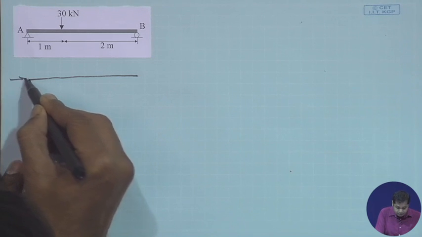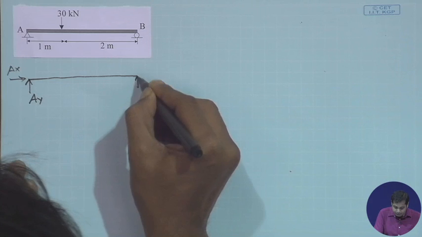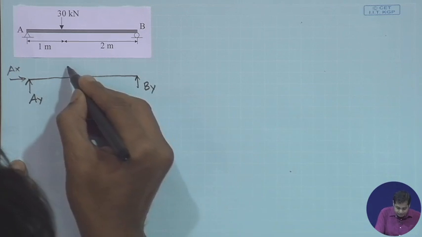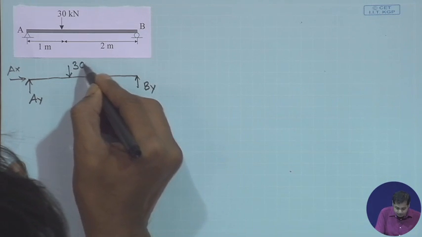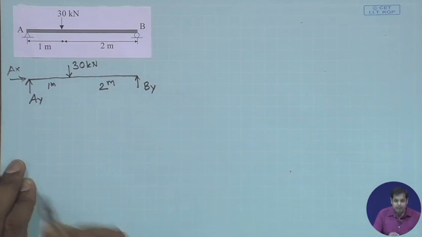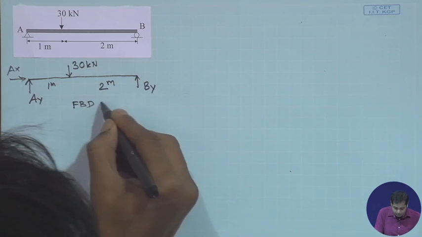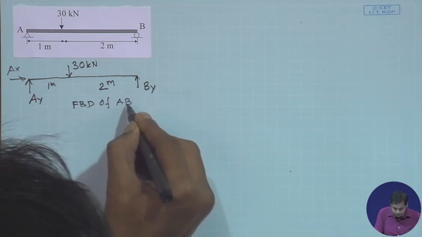your free body diagram. This is Ax, Ay, then By, this is 30 kilonewton, this is 1 meter. This is the free body diagram of AB.